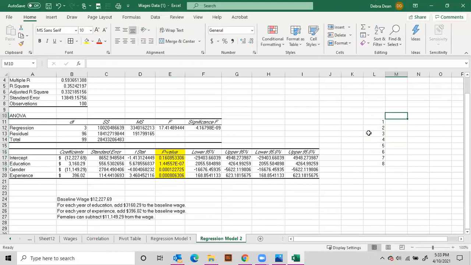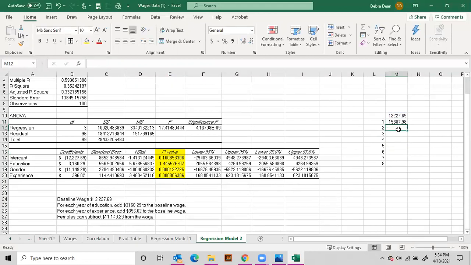And we start at $12,227.69. We're going to add to that every year $3,160.29. So we're going to do equals that plus this.